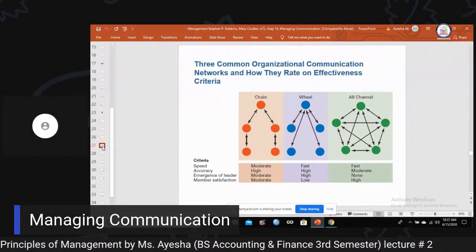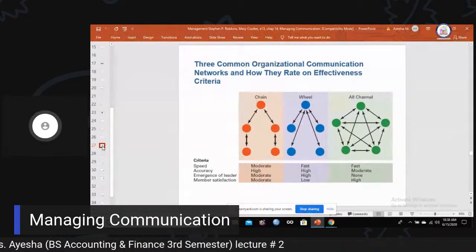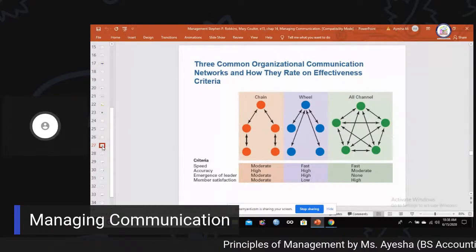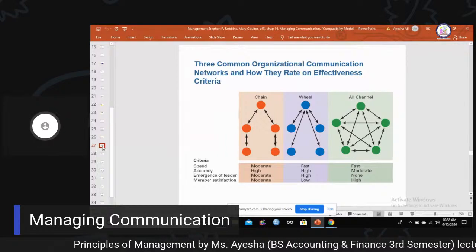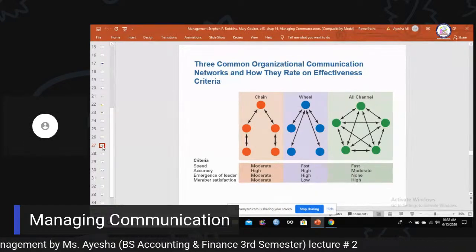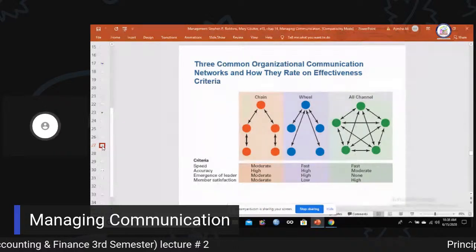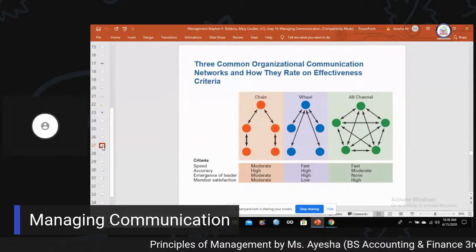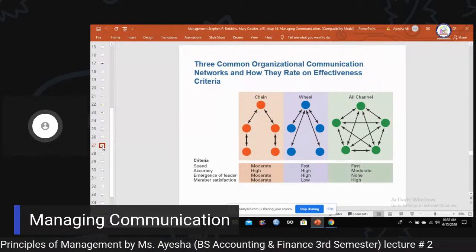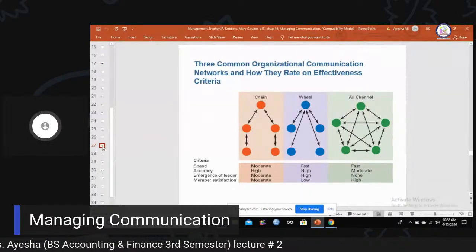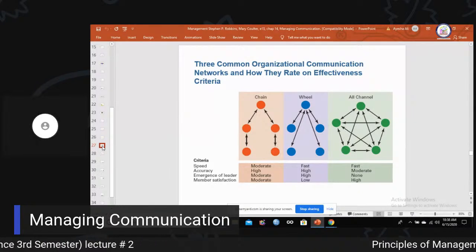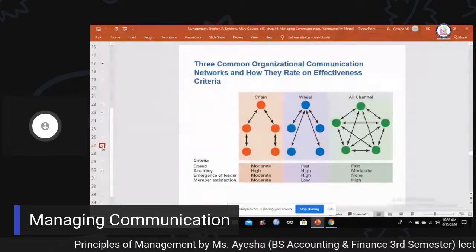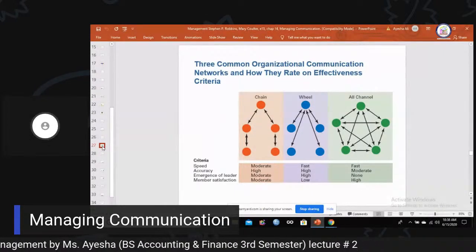In wheel we have a high level of emergence of leader because everyone directly approaches the boss, and if any employee or worker has an influential personality or influential ideas, and is more active, there is a possibility he or she becomes a leader. We see this in so many organizations. Then in all channel it's none, because everyone is the boss.